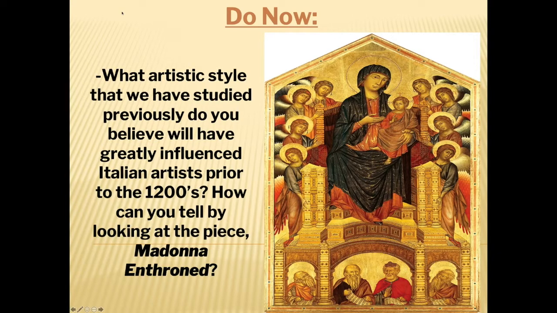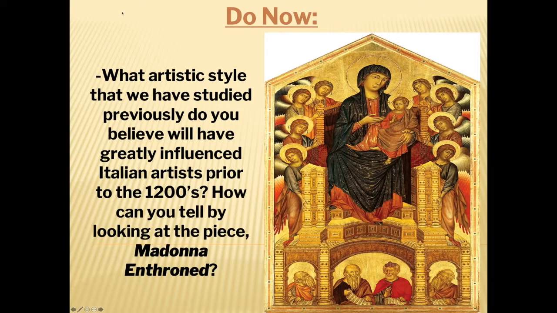We have that gold background symbolizing the spirituality of the scene and the idea that it was taking place not in the earthly world, but in the heavenly world. We see the nimbus. We see Mary as the throne on which Christ sits. Her body is not necessarily realistic. Her face is almost like a round disc mimicking the nimbus above her head.